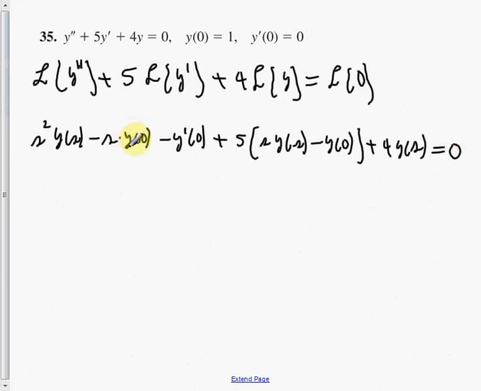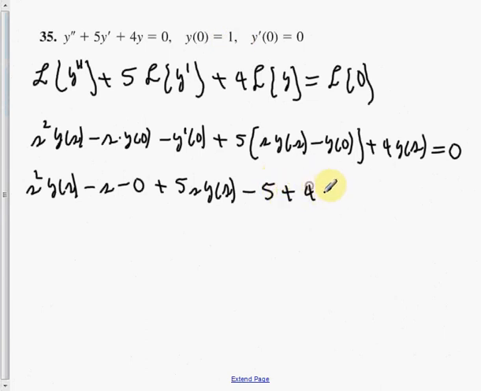Now let's plug in those initial conditions. This is s squared times Y of s minus, y of 0 is 1, so this is just minus s, minus y prime of 0, that's 0 right there, and then plus 5s times Y of s minus 5 times y of 0, which is 1, so it's just minus 5, plus 4 times Y of s is equal to 0.